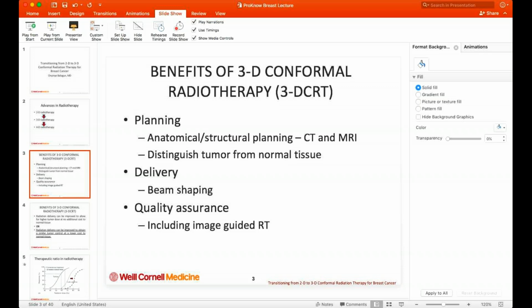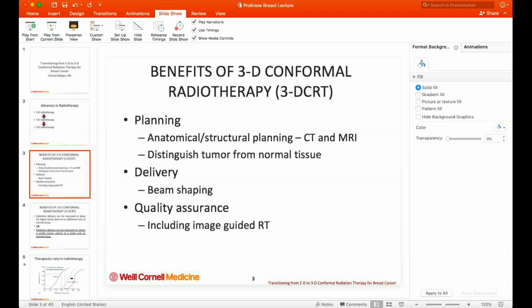In addition, we're better able to distinguish the tumor from the normal tissue with three-dimensional radiation therapy. Also, it has improved how we deliver radiation because rather than just having to use blocks or a square field, we can now better shape the beam since we now have multi-leaf collimators.